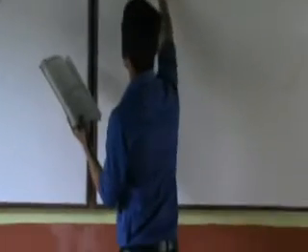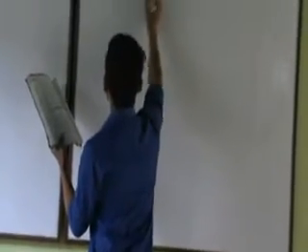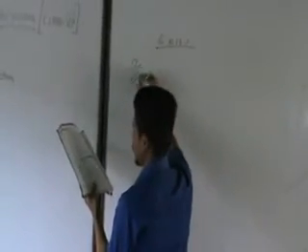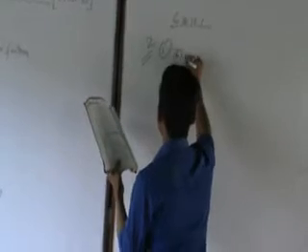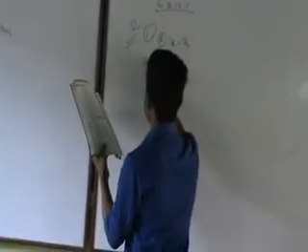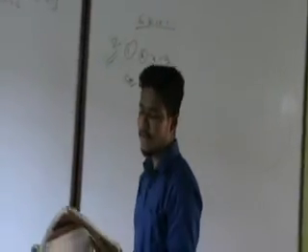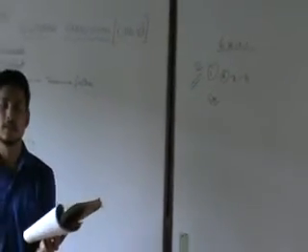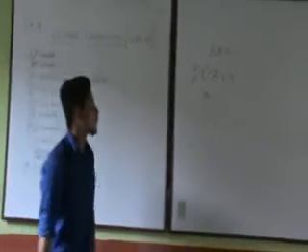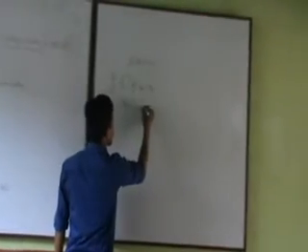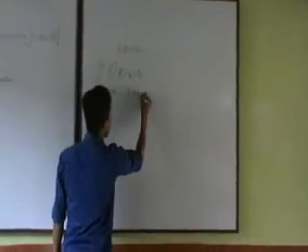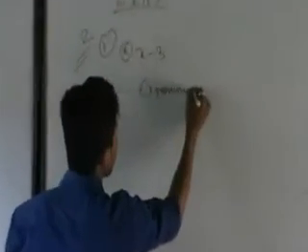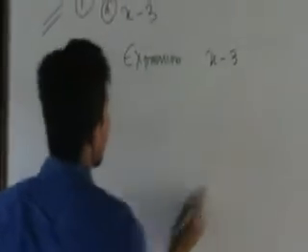Question number 2 I am doing directly. 12.1, question number 2, 1a, x minus 3. It is given: identify the terms and their factors in the following expression. Show the terms and factors by tree diagram. So you have to write the expression first. The expression is x minus 3.